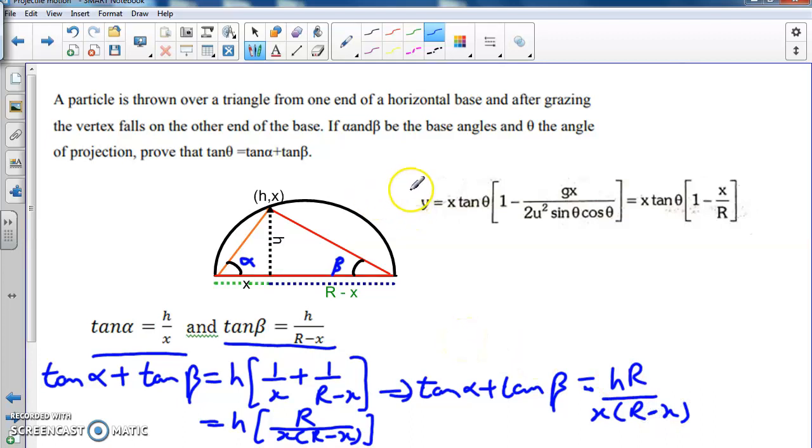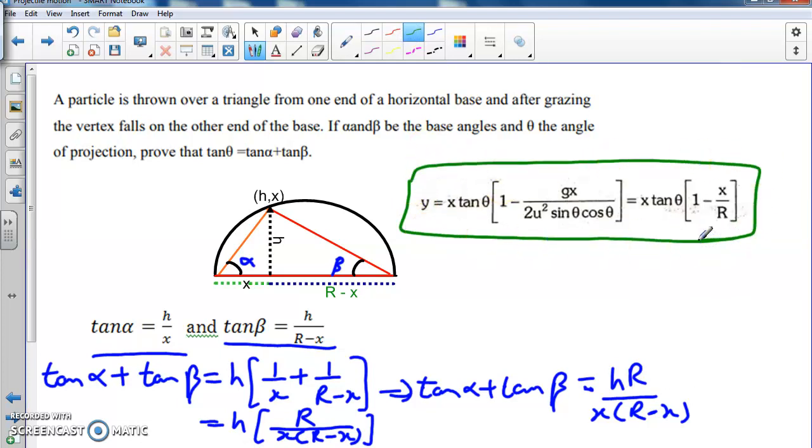Also, see from the formula of equation of the trajectory of motion, we have y is equal to, on simplifying it becomes x tan theta times 1 minus x upon r, and since h comma x is a point on this trajectory, put it is x comma h, so put y is equal to h is equal to x times tan theta times 1 minus x upon r becomes LCM is r minus x.